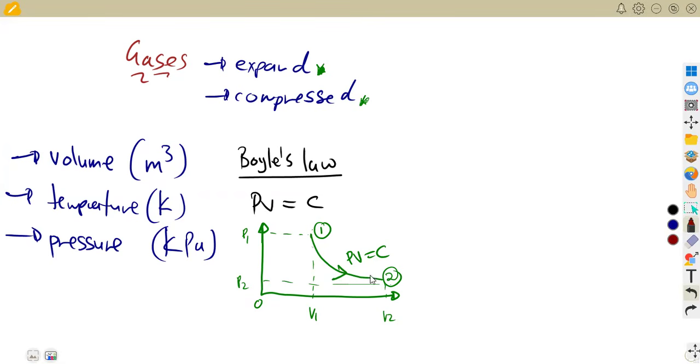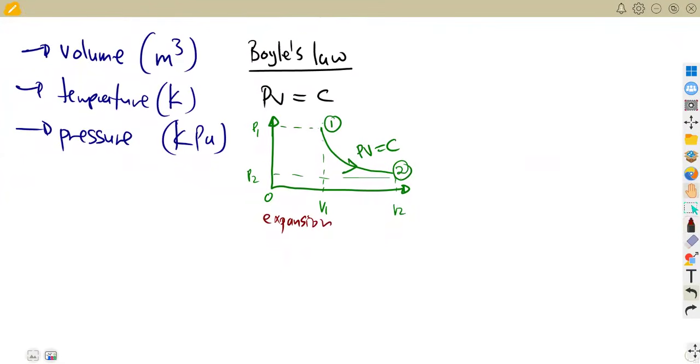This is when we are dealing with an expansion. Considering Boyle's law, the mass of a perfect gas varies inversely to its absolute pressure, provided the temperature remains constant. There are two things to consider.